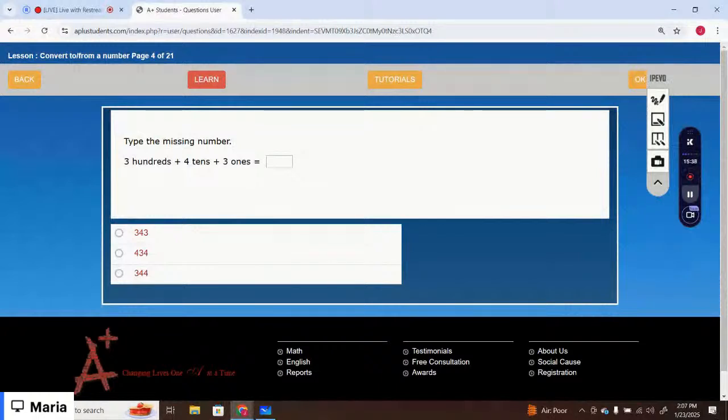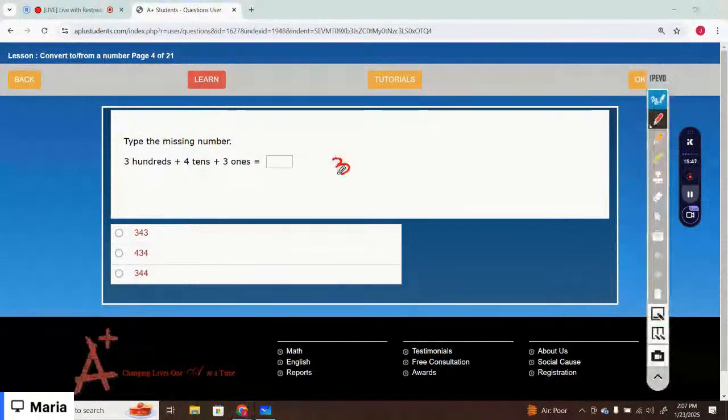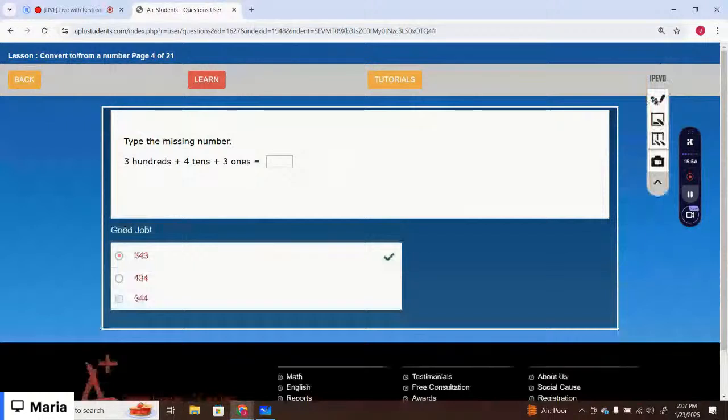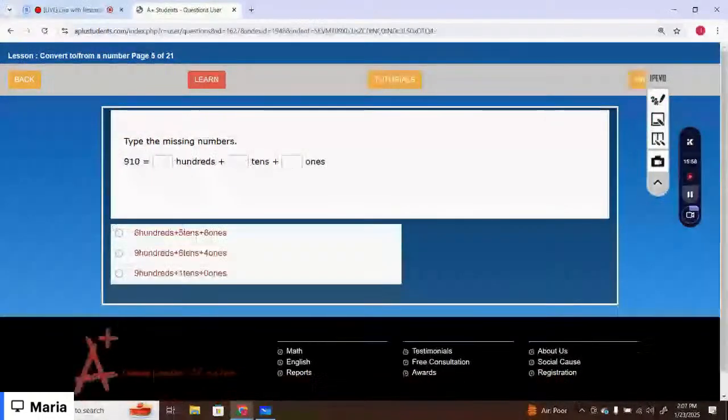That is 300s, 4 tens, and 3 ones. So together they make which number? That is 3, 4, and 3. Option number 1 is the correct option. The number they make is 343. Type the missing number 910, which is the correct option?